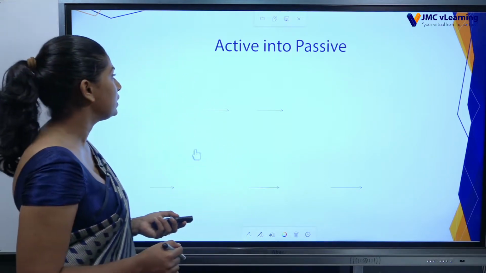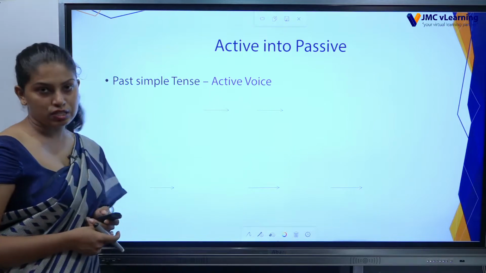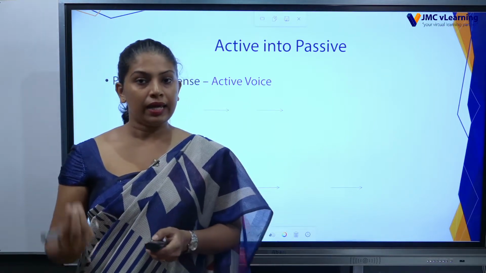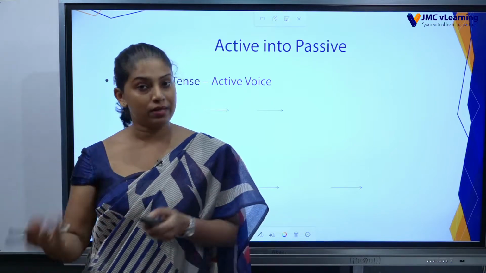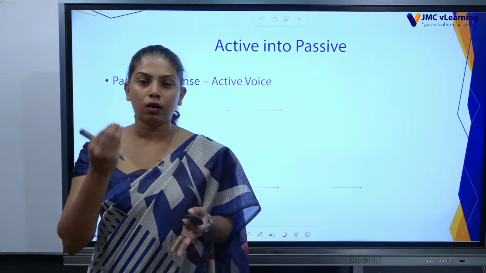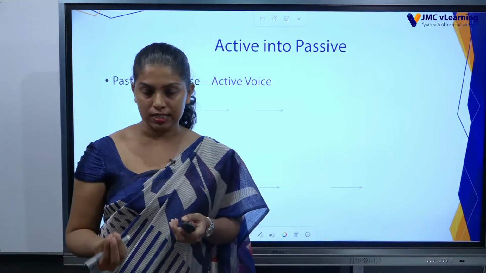That's what we are going to learn through this part. Past simple tense in active voice. We know that when we are discussing a tense in active voice or in passive voice, we have a structure for the sentence.